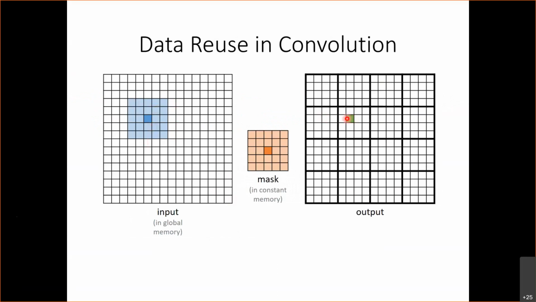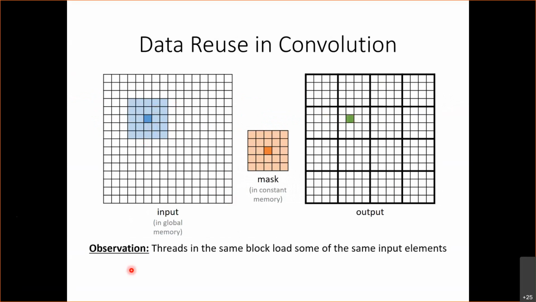But then if we look at what the next thread uses, the threads in the same block load some of the same input elements. The next thread uses all these elements. And as you can tell, there's quite a big overlap between the elements used by the thread that processes this output element and the elements used by the thread that processes this output element.